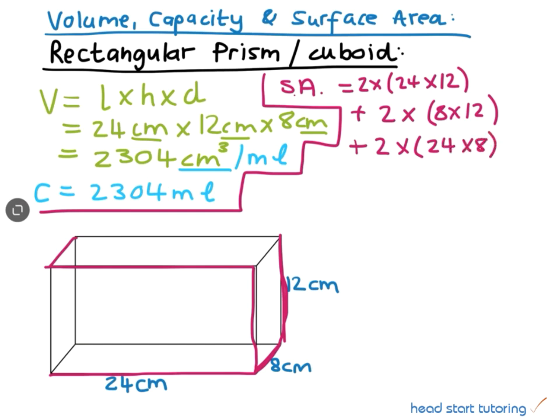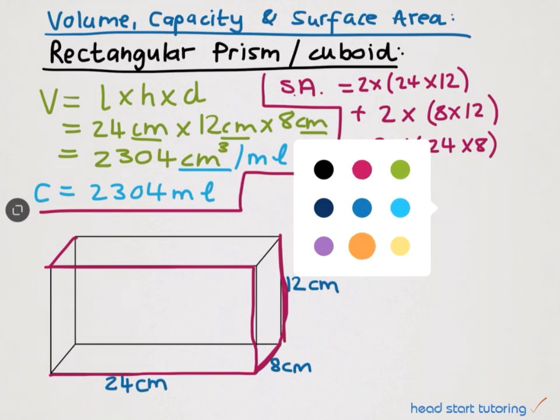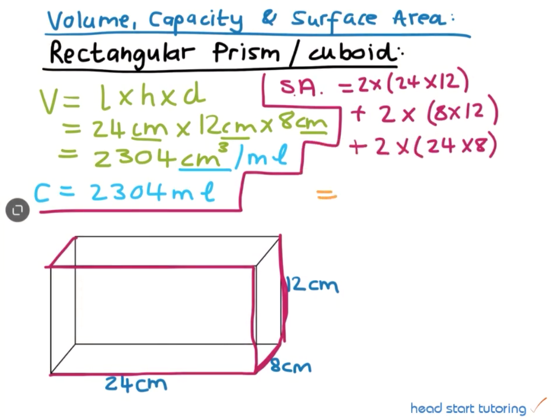Right, so now what we need to do is do some calculations on the side, and then we add them all together. So we will end up with 24 by 12, so that's equal to 2 times 288. Then we add 2 times 8 by 12, which is equal to 2 times 96. And then we add 2 times 24 by 8, which is 2 times 192.